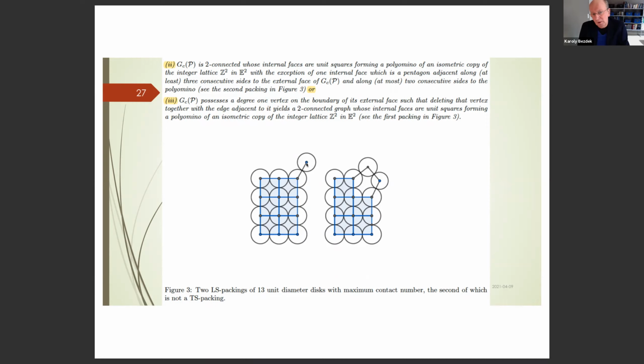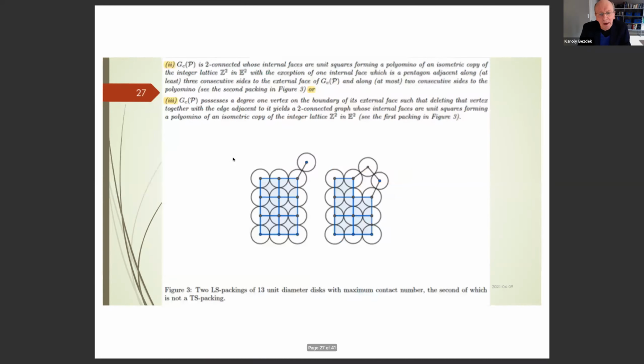This unit disk, its center represents the degree 1 vertex, such that deleting that vertex together with the edge adjacent to it yields a two connected graph whose internal faces form a polyomino of an isometric copy of the integer lattice. So that's the complete answer to the crystallization question in the plane.